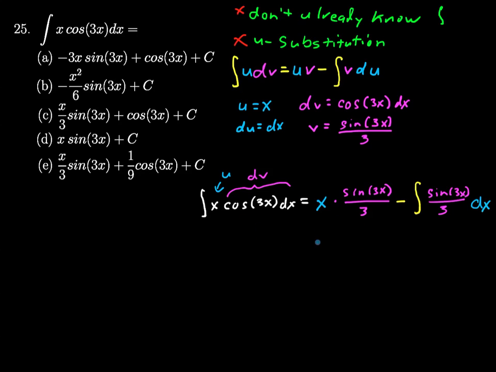And now I just have to do some tidying up of this. It's actually pretty close to being done. So the first thing, I'll multiply this x to the sine of 3x.